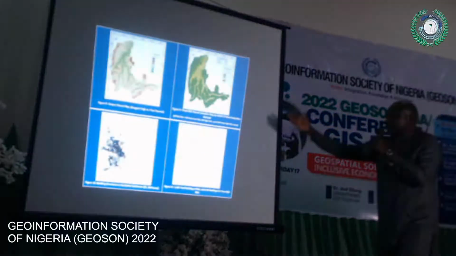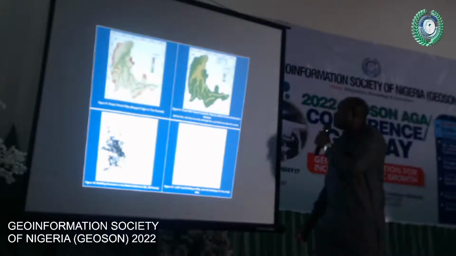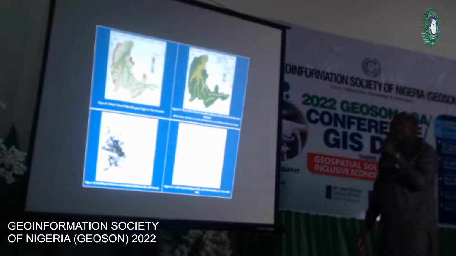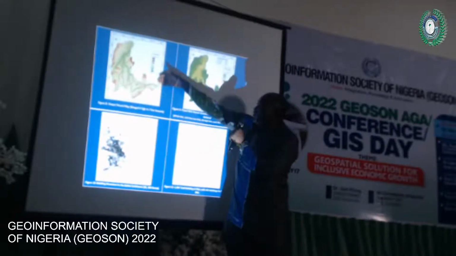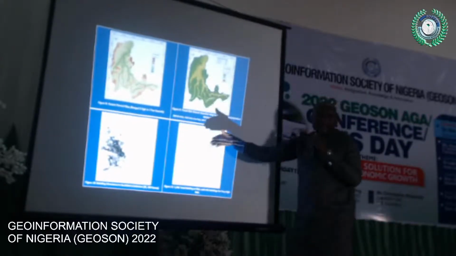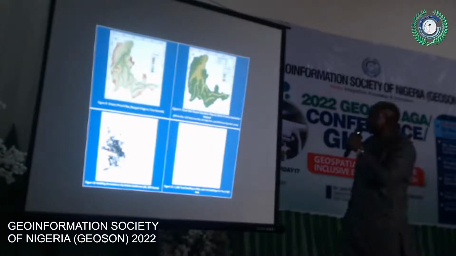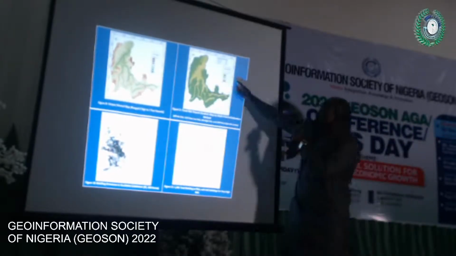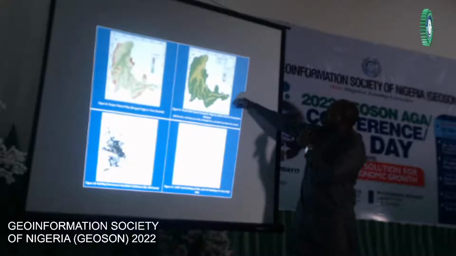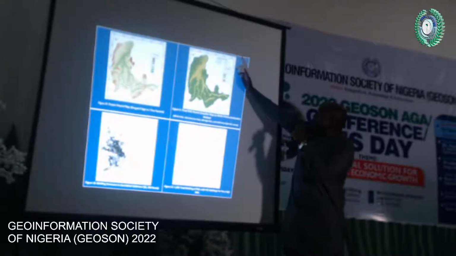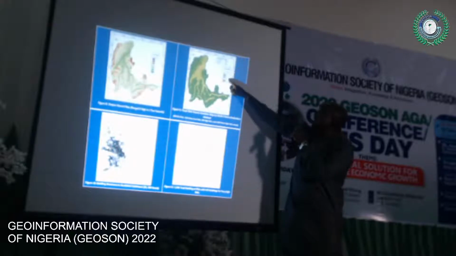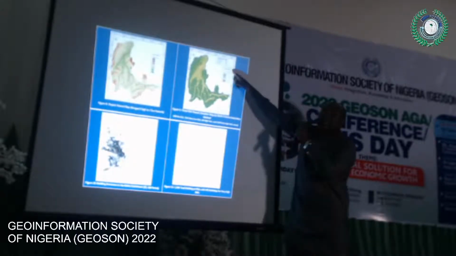Okay, that's the final output map for the analysis. You can see this is the first one based on the SATIS classification, and based on that we use the AHP to now reclassify them into the very high risks, high risks, low risks, and no risks.